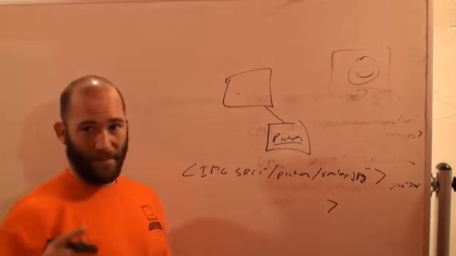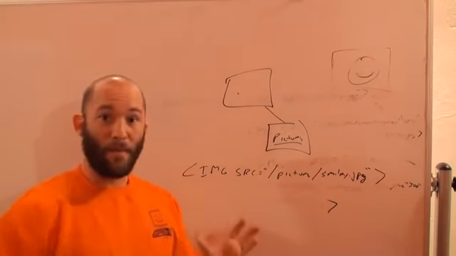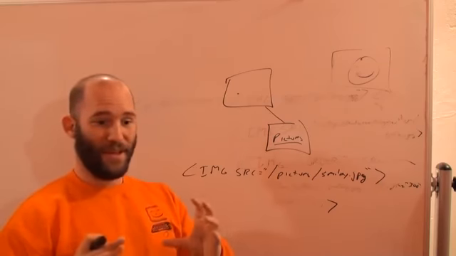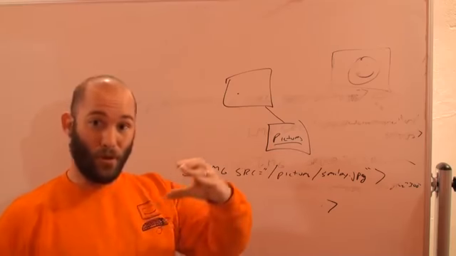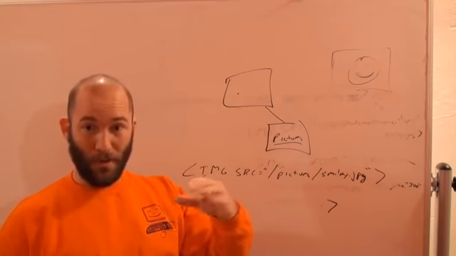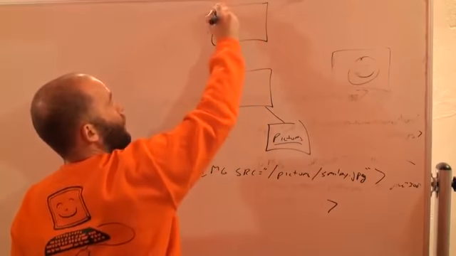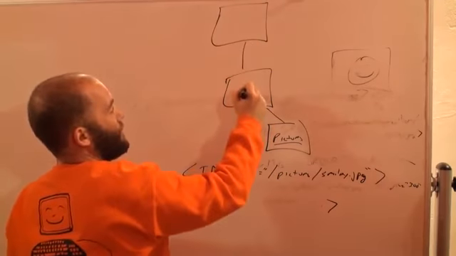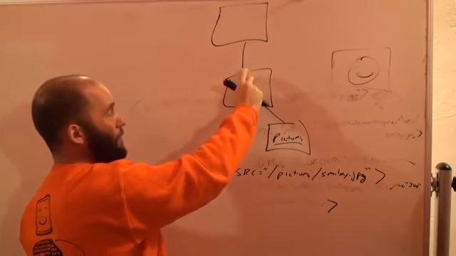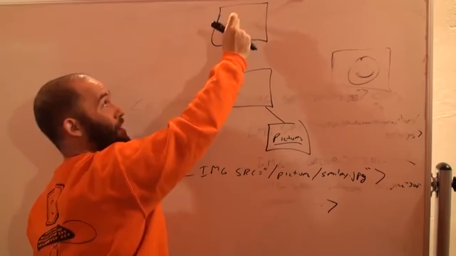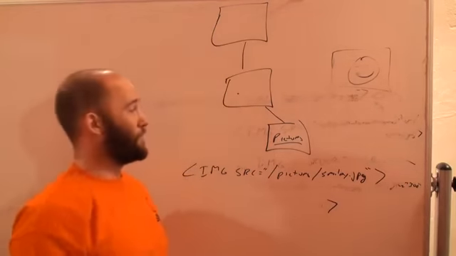Now, one of the things is when you're creating these web pages, the picture that you want may be in folders below you, or it may be in folders above you. So let's say you have a folder above you, and this is where your web page is. So your web page is here, but the picture that you want is in the folder that's above the folder that you're currently in.